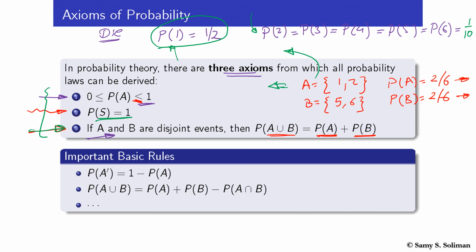The probability of 1 is equal to half, and the probability of 2 is equal to 1 over 10. So the probability of A in the case of this unbalanced die is equal to half plus 1 over 10. On the other hand, the probability of B is equal to the probability of 5 plus the probability of 6, which is 1 over 10 plus 1 over 10. And of course, the probability of the union of A and B will be equal to the addition of these probabilities.